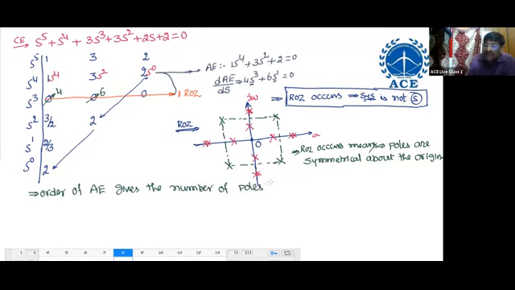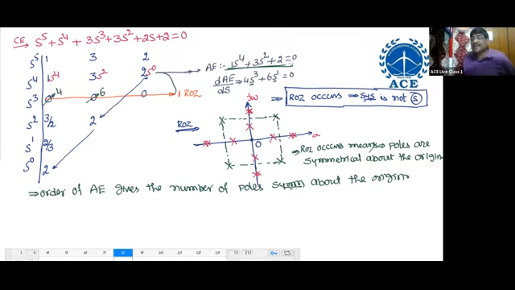What is the order of the auxiliary equation? Fourth order. So that means what? 4 poles symmetrical about the origin.